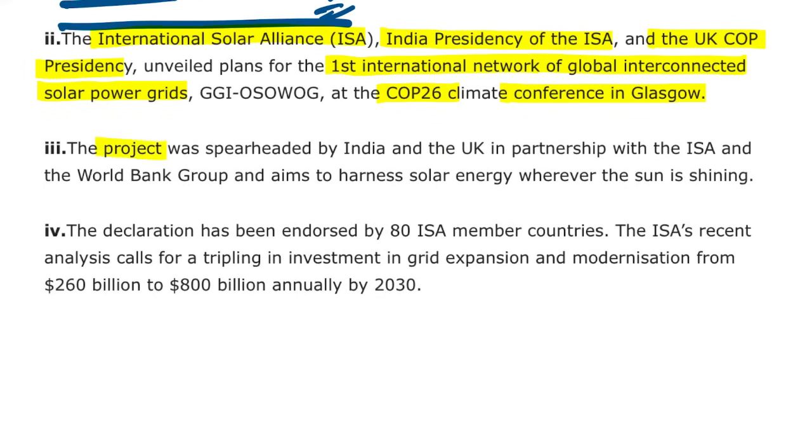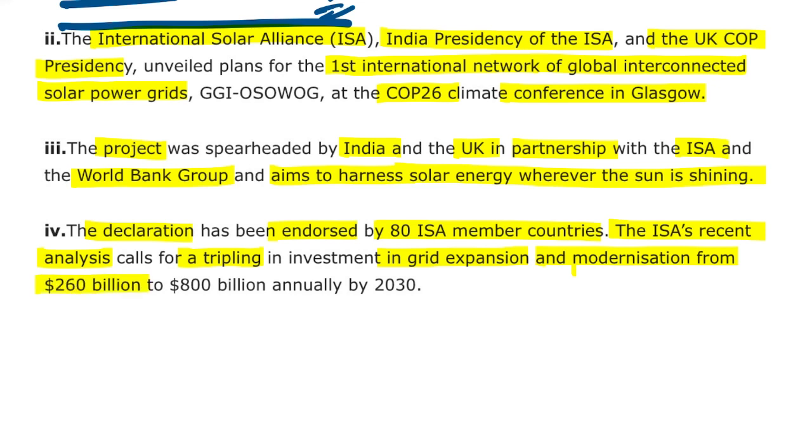The project was spearheaded by India and the UK in partnership with ISA and the World Bank Group and aims to harness solar energy wherever the sun is shining. The declaration has been endorsed by 80 ISA member countries. The ISA's recent analysis called for a tripling in investment in grid expansion and modernization from $260 billion to $800 billion annually by the year 2030.